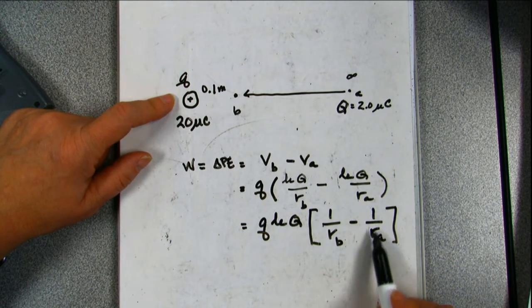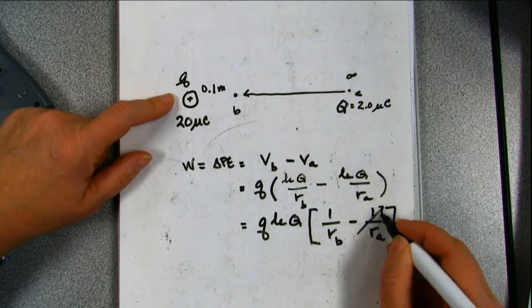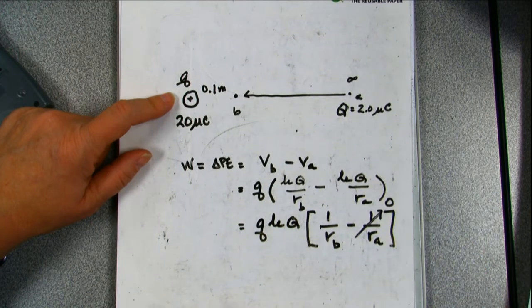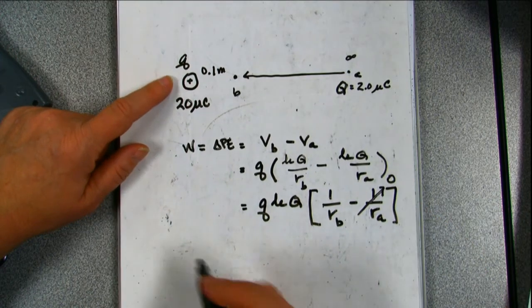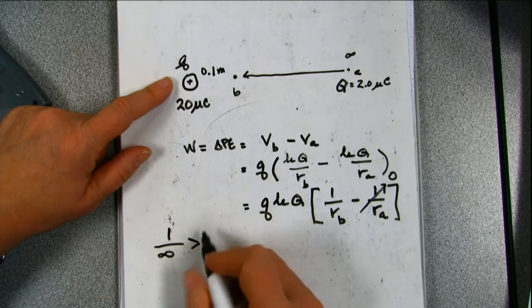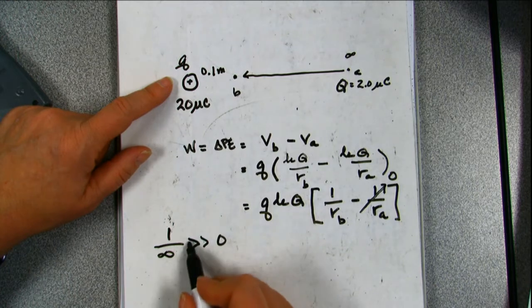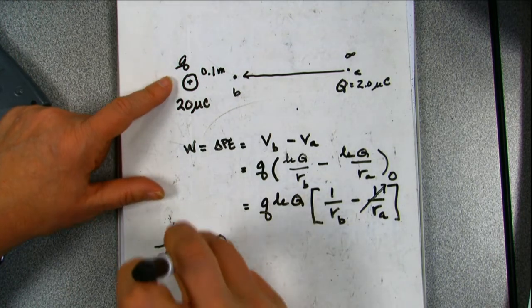Now, if I've got 1 over a really big number, we can approximate that as 0, because 1 over a very big number approaches 0.